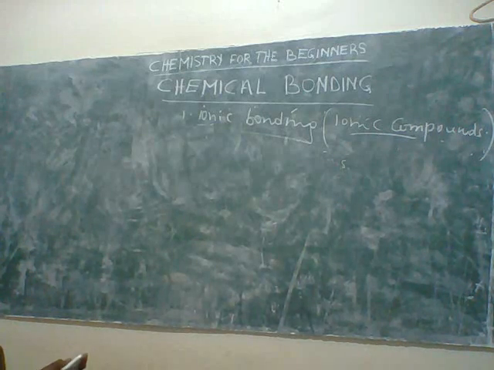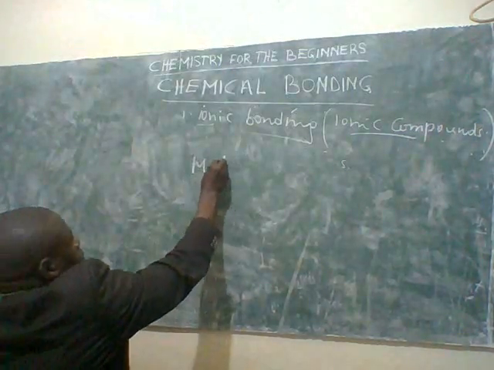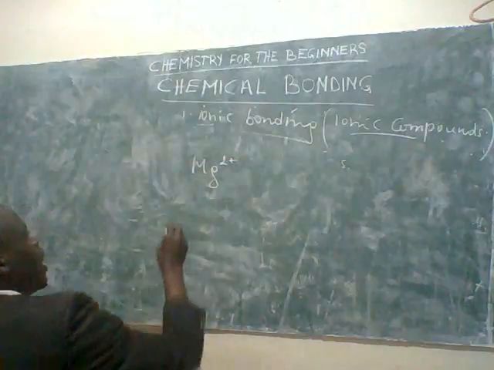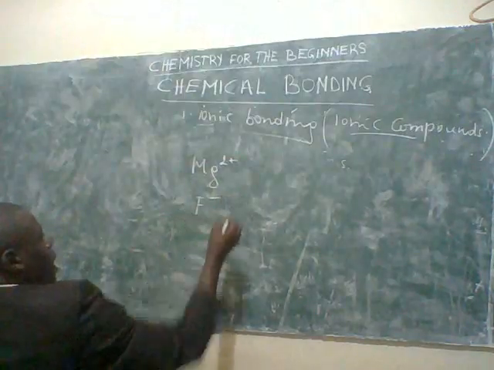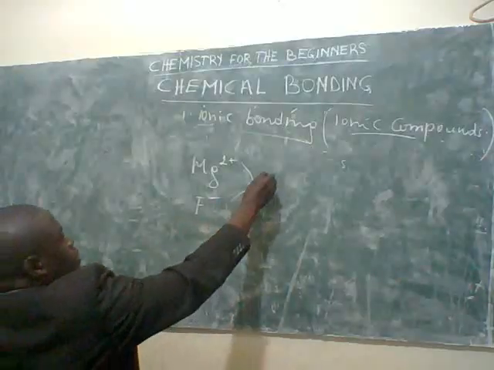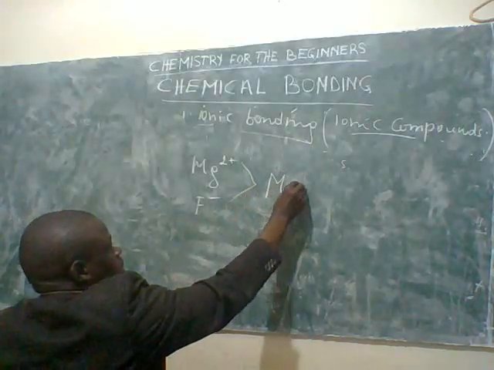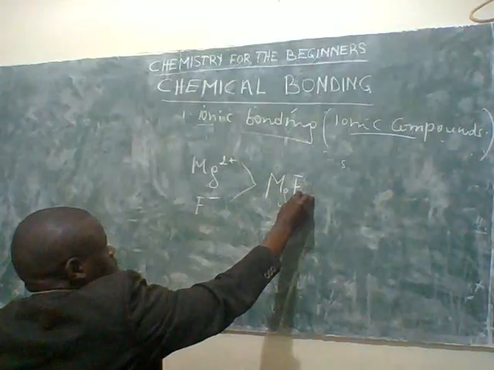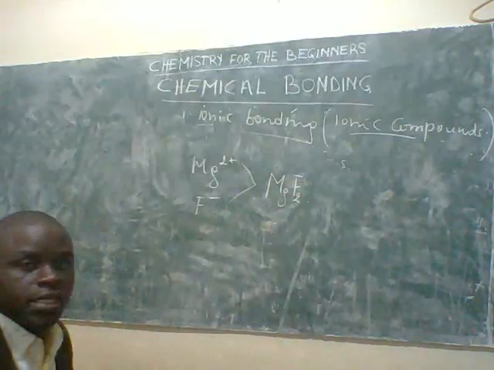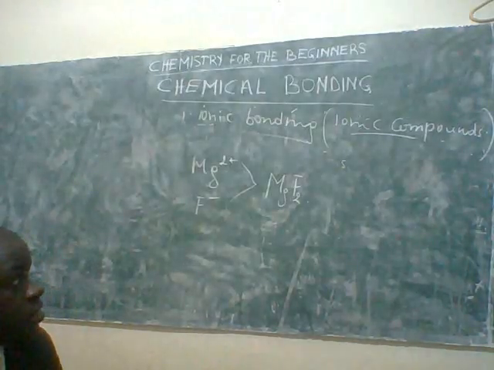So when I say that the magnesium ion and the fluorine ion are combined together, they will make magnesium fluoride.